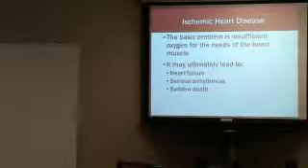For ischemic heart disease, the basic problem here is that the heart needs more oxygen. So something has happened. The heart does not have sufficient oxygen. Something has happened. There's a clogged artery, or something is going on where the heart is not getting sufficient oxygen.